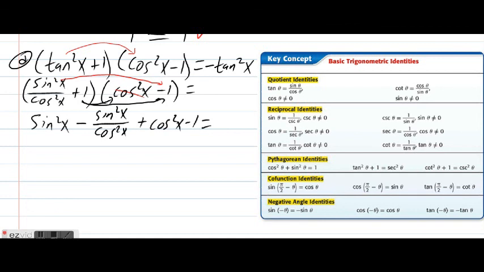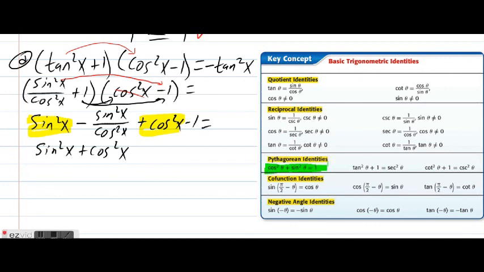So we start looking at this and say, alright, there's really nothing left for me to do except if I write this one and this one right next to each other, sine squared of x plus cosine squared of x. Do you agree?